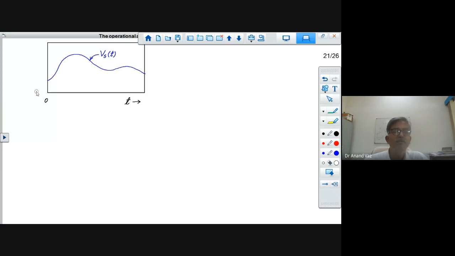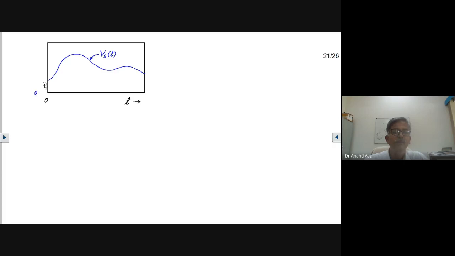Let us say we start from 0 volts and we go up to, let us say, VC volts. So our signal is within the range from 0 to VC, and we have acquired this, let us say, from a sensor, and we have properly filtered it, amplified it, offsetted it, etc., and then brought it to this range.